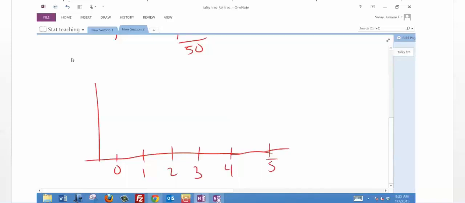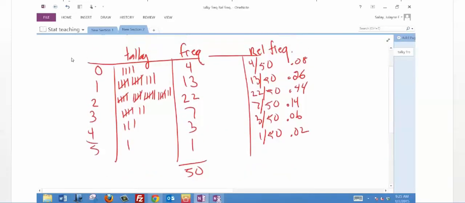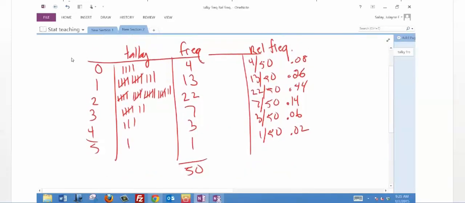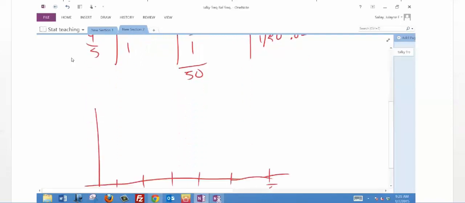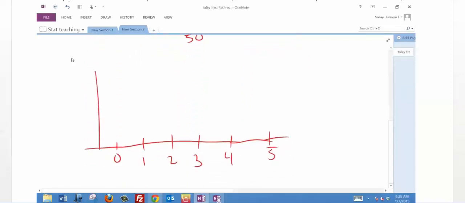Now this time I want to look at the heights, and this is very similar to a bar graph. It looks like the highest gets up to 22, so I'm going to count by 5: 5, 10, 15, 20, and 25.